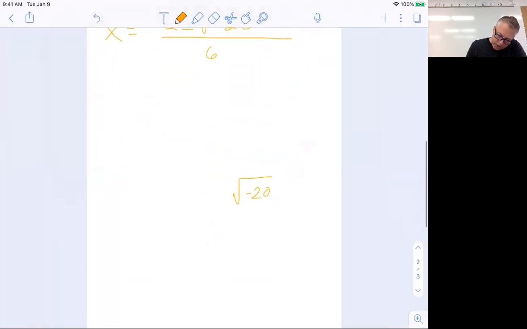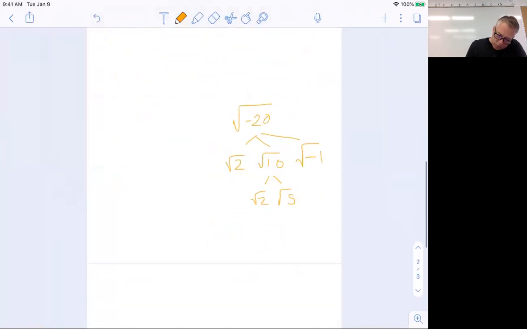I could split that into the square root of 2 times the square root of 10 times the square root of negative 1, and then write that as 2 root 5 i. The i is not underneath the square root, by the way. So the square root of negative 20 is 2 root 5 i.